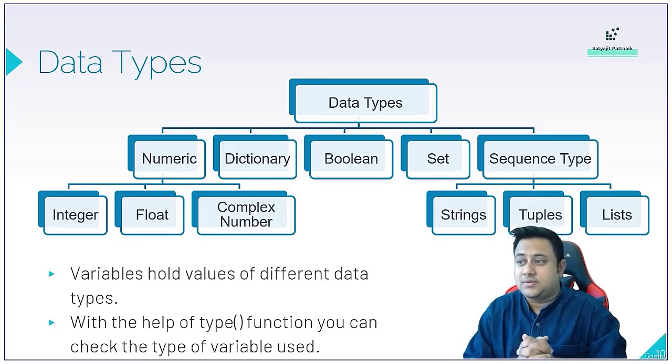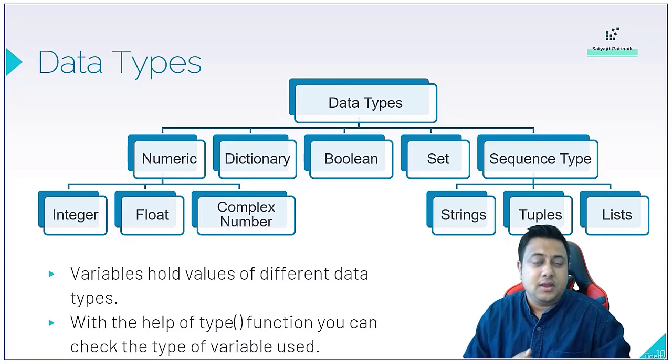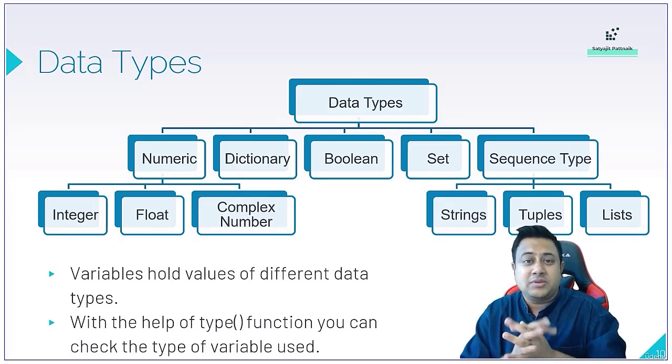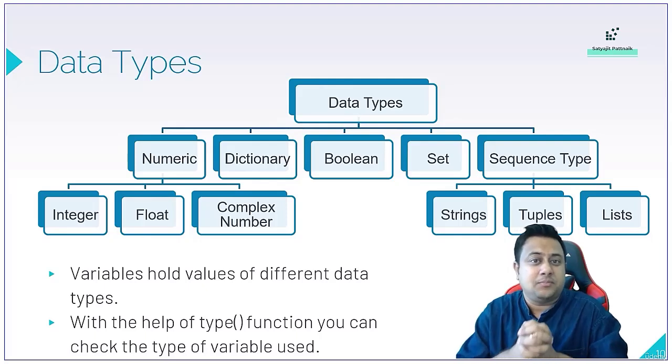Then we have Boolean data types, true or false. We have set data types. We have sequence types. Now talking about numeric type, it is further classified or divided into 3 different categories. One of them is integer, one of them is float, and one of them is complex number.